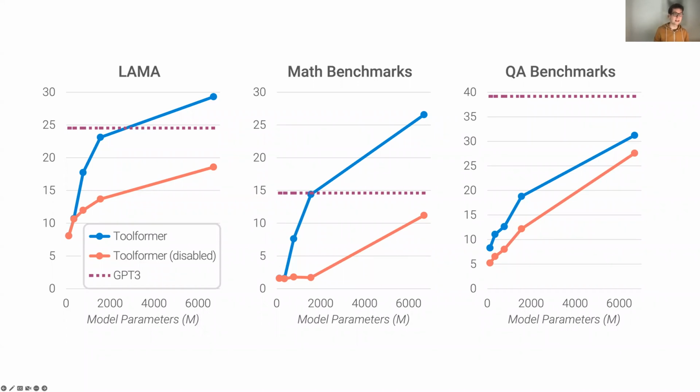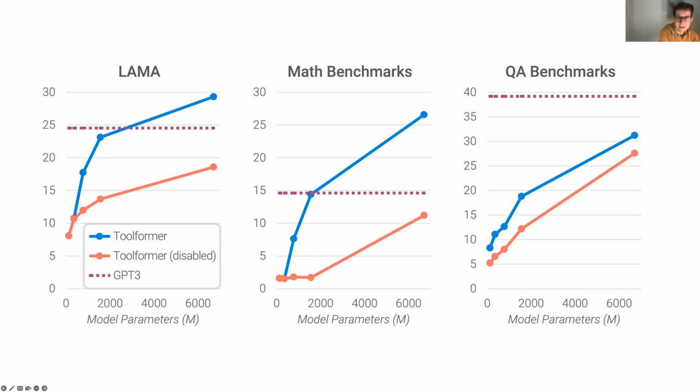We can also see that as we move from 1 billion to 7 billion parameters, the gap gets slightly smaller. Unfortunately, as of this time, we have not looked at bigger models, but obviously it would also be very interesting to see how this changes as we move to, let's say, 30, 70 billion parameter models.